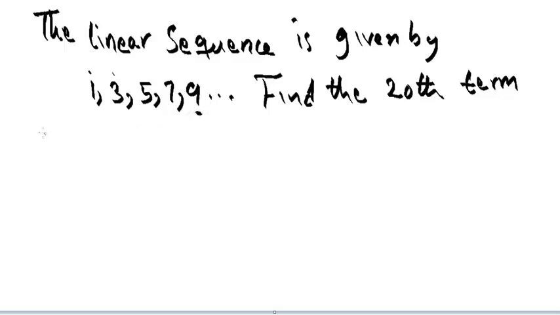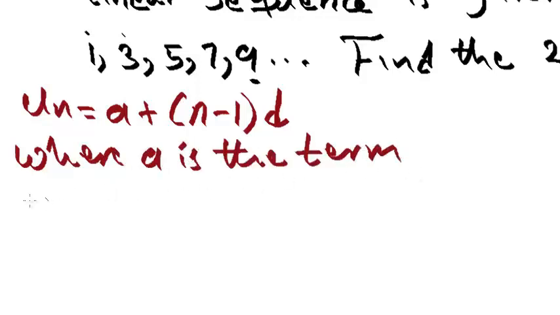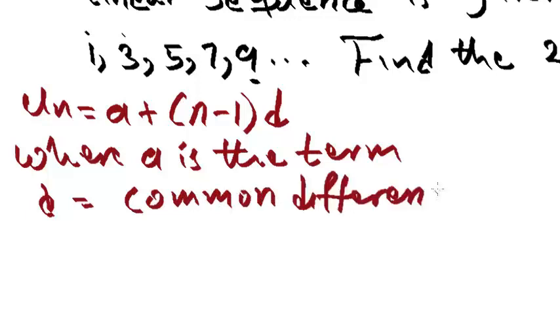Any term at all that you want to find, as we just found out, is given by un equal to a plus n minus 1 d, where a is the first term, and d is the common difference. n is the term that we want to find.